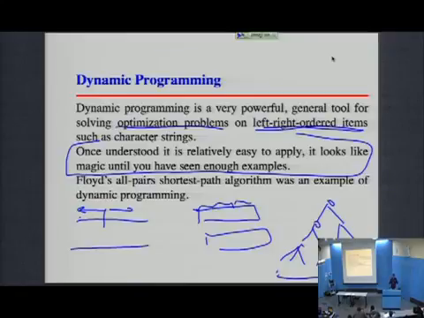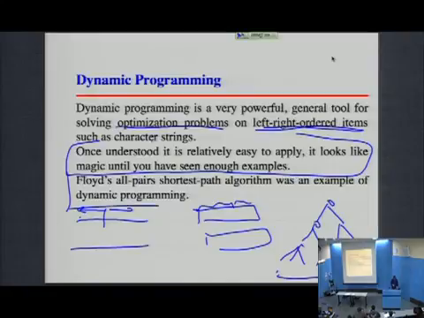General graphs, there is no left to right order among the edges. In your bandwidth problem, there's no left to rightness in the graph. So it's probably not something that's going to apply. But anyway, it's a general technique for solving optimization problems.